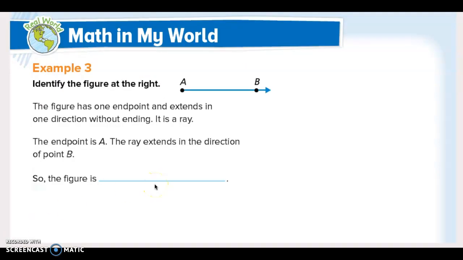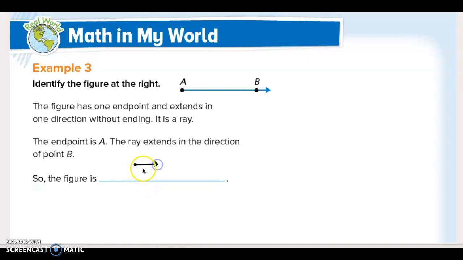And lastly, we have this figure at the right. 1 endpoint at the letter A, and it's shooting out to point B and beyond because of this arrow. Because it has 1 endpoint and an arrow, it's a ray. So this figure, when we are making a ray, I'm going to label it.